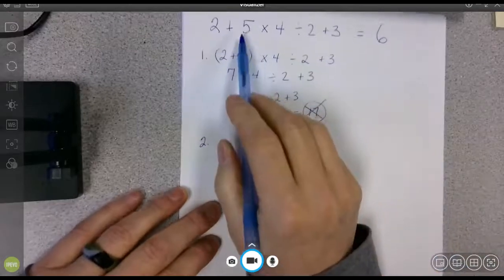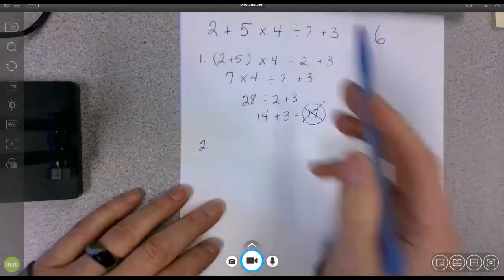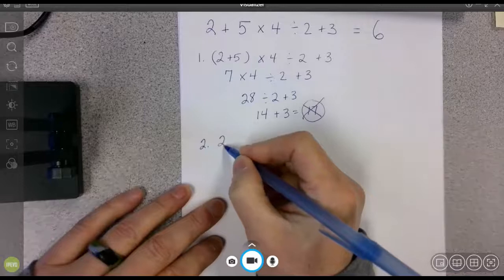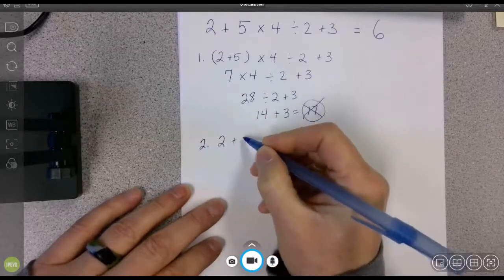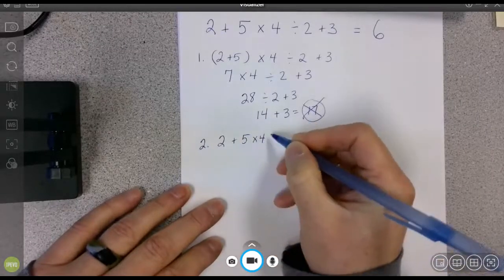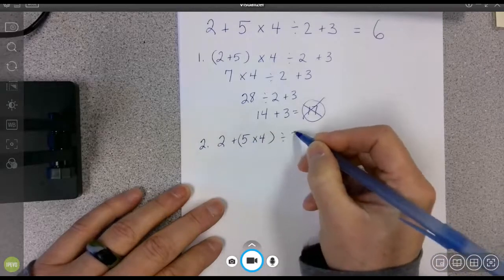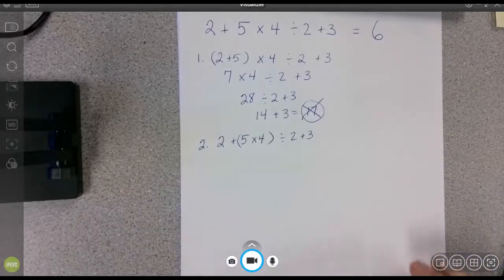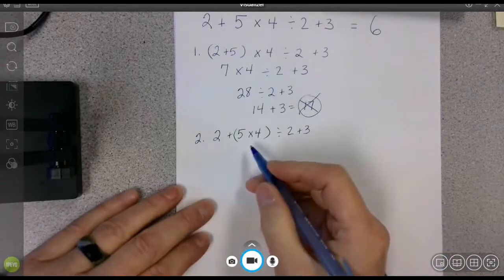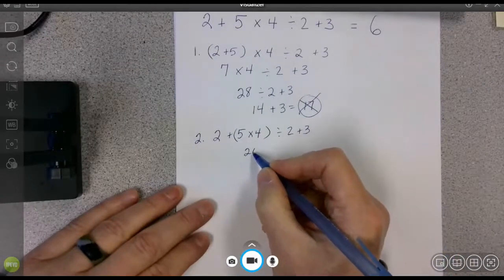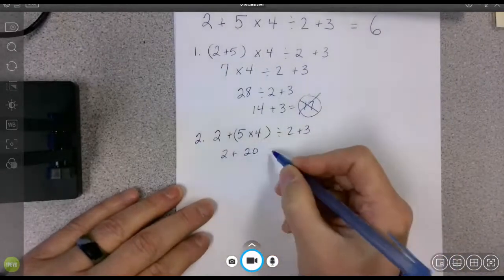Let's try putting the parentheses around the 5 and the 4. Okay, let's try that. So I know I do parentheses first. So 5 times 4 is 20. Then I can bring down the rest of the problem.